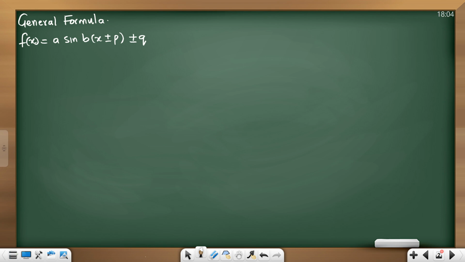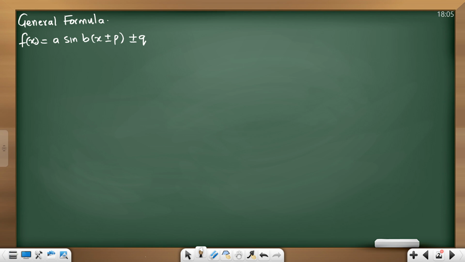So now there are different parameters that I have introduced there. Remember the sine can become what? Cos, and it can also become what? Tan. But the parameters we see there, how many parameters do we see? 4. There's A, there's B, there's P, and there's what?